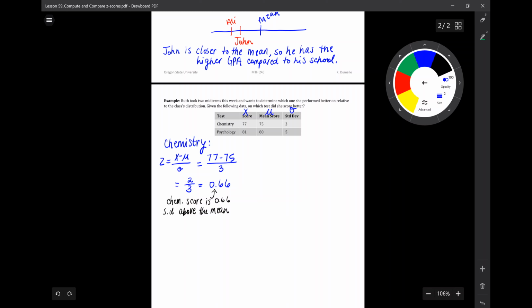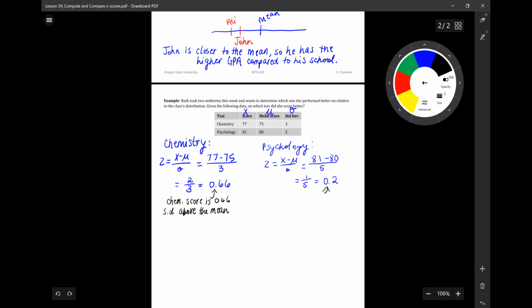Okay, what about her psychology test? Well, this z-score is equal to x minus mu divided by sigma. Her score for psychology was 81. The mean was 80, and the standard deviation was 5. This gives us 1 divided by 5, which is 0.2.